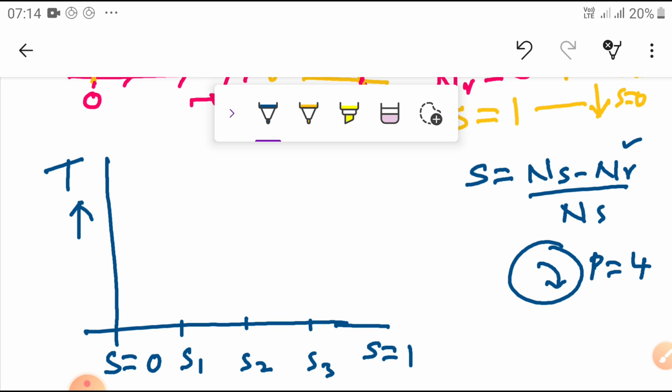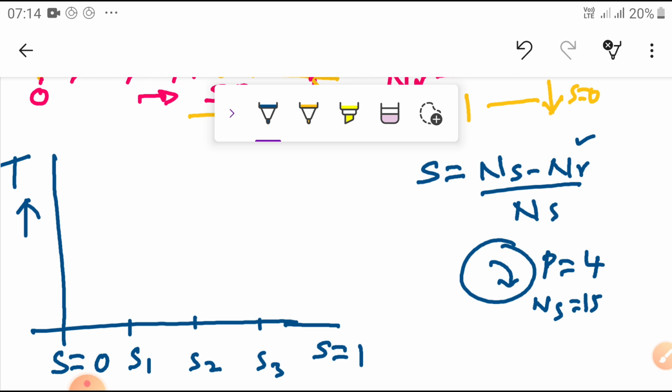What is the synchronous speed? Synchronous speed is equal to 120 F by P, that gives us 1500 RPM. So at that condition, the rotor speed is also 1500 RPM, and then S becomes 0.